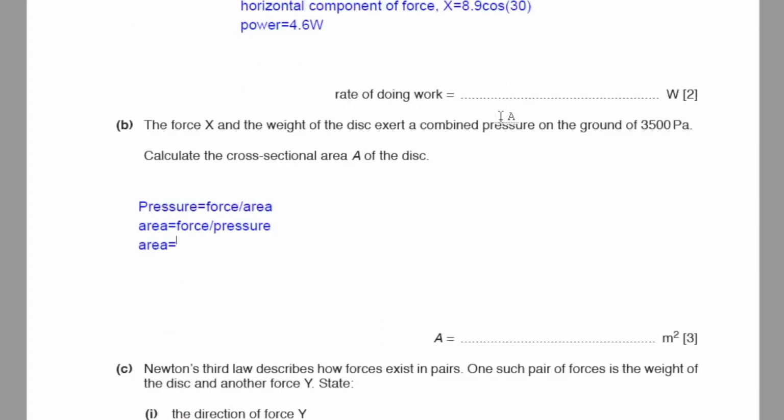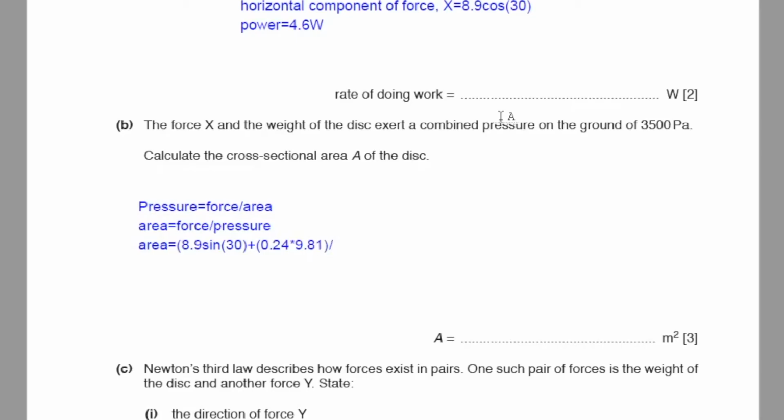So the vertical component of force X is 8.9 into sine 30, plus one more force which acts downwards and contributes to the pressure of 3500 pascals is its weight, which is mass into 9.81, 0.24 into 9.81.